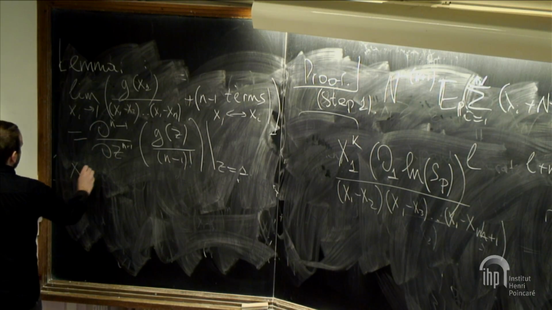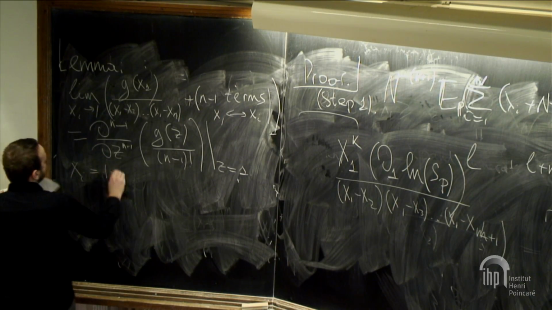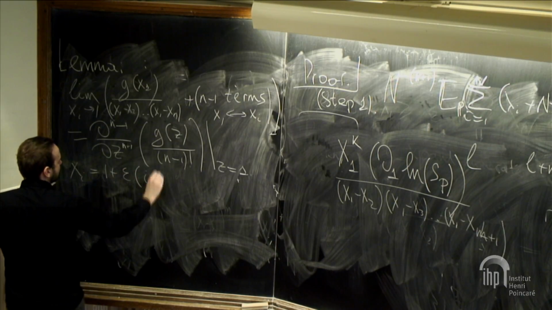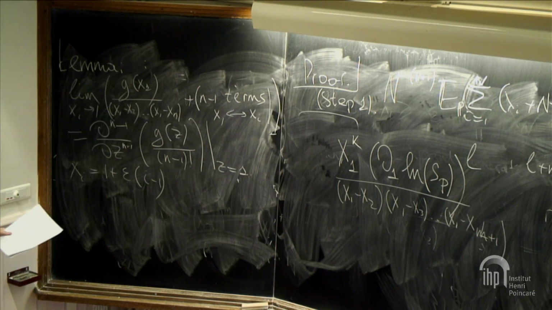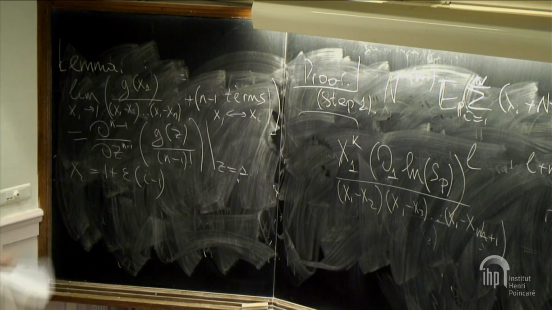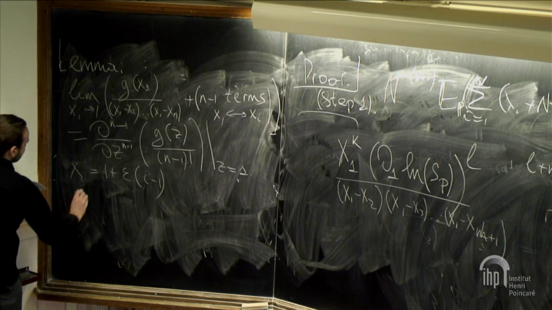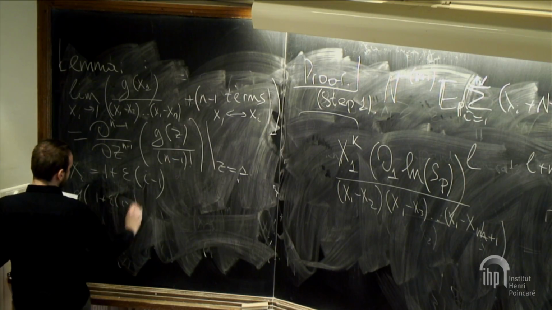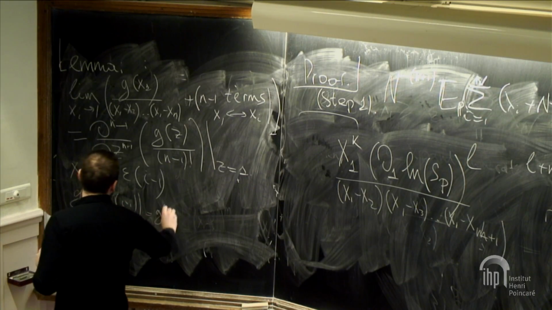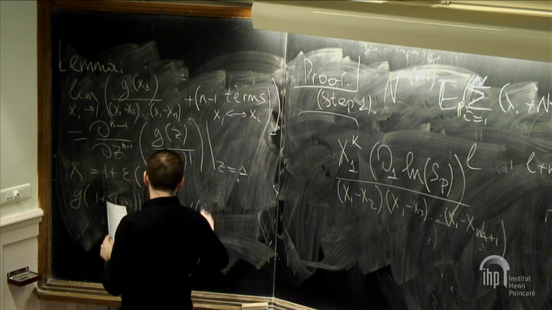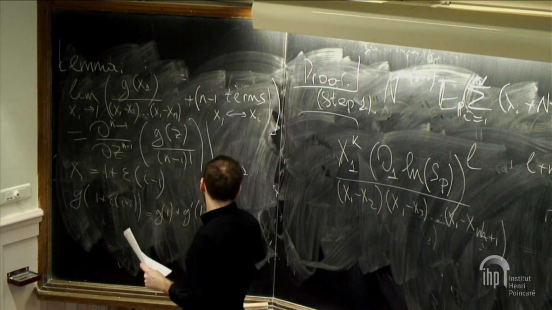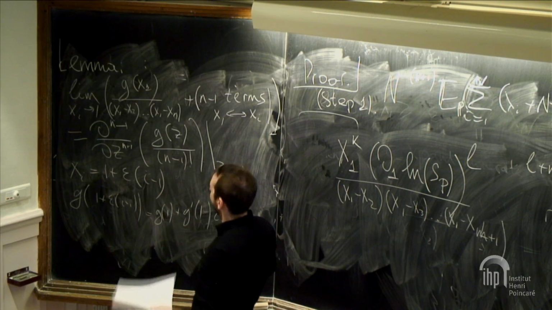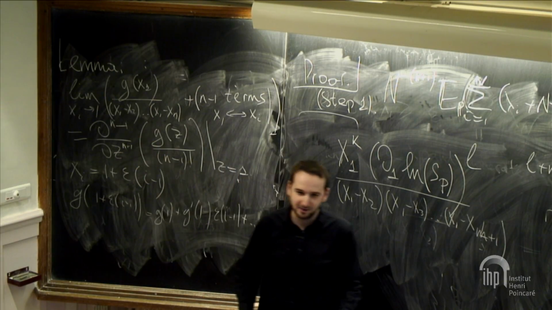Maybe xi is equal to 1 plus epsilon times (y minus i), times (y minus 1). And after you approach it from this direction, you can just Taylor expand your function g. You say that g of 1 plus epsilon (a minus 1) equals g of 1 plus g prime of 1 times epsilon (a minus 1), plus etc. So you expand it up to this order.